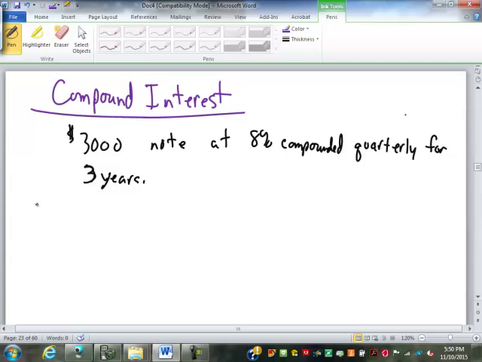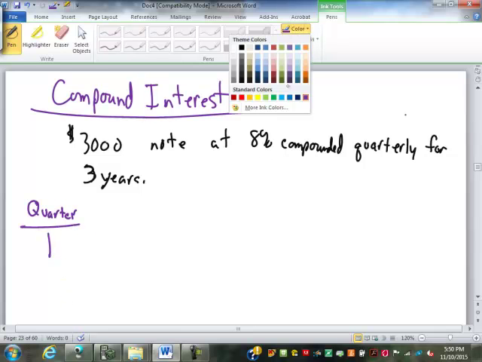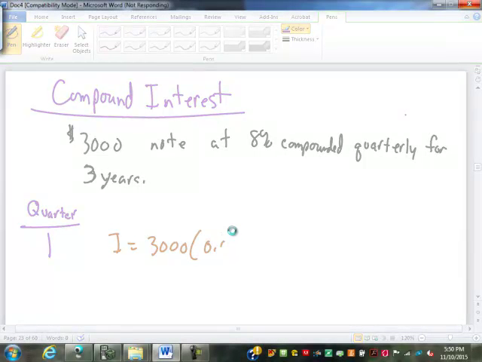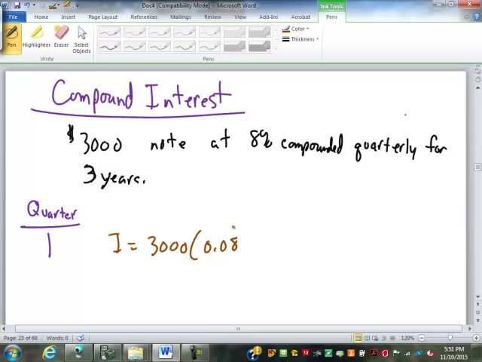So let's look at this. Quarter 1, the interest will be $3,000 principal times 0.08 times a fourth of a year, a quarter of a year, which will come out to be $60 in interest.